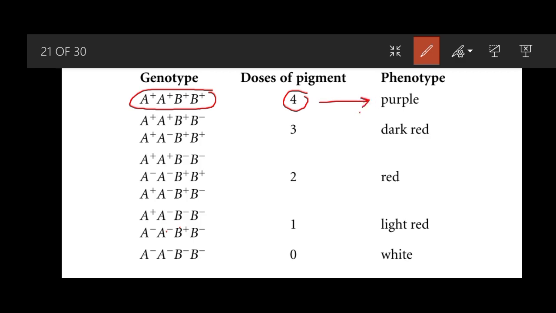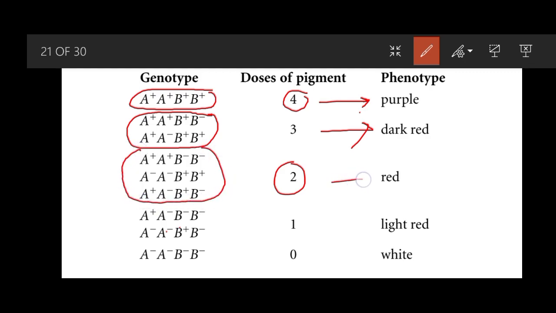And similarly, when three doses are present in these two genotypes, then dark red color is produced. And similarly, when two doses are present, for which we have these three genotypes, this will give rise to red color.